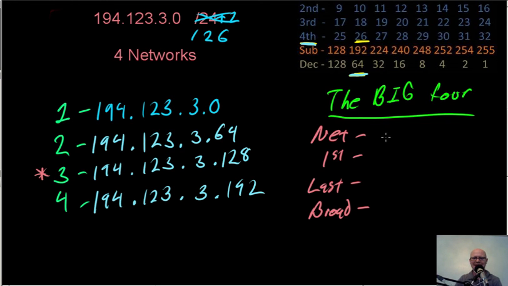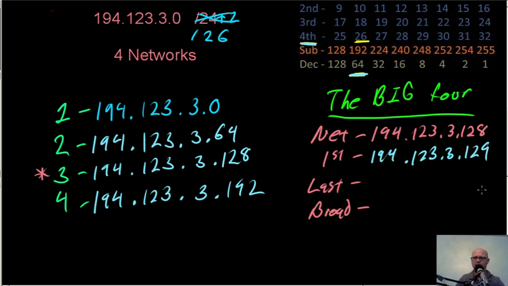So our net ID, we already figured that out. That was our first step: 194.123.3.128. What was our first usable? Remember, like I said, the first usable is the net ID plus 1. So our first usable is 194.123.3.129.